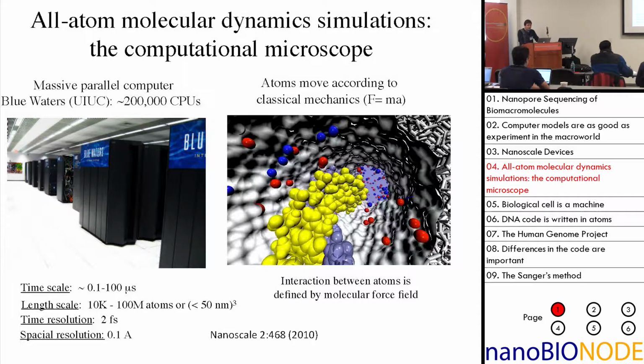What we do is build atom-by-atom microscopic models of systems of interest, and then we animate them by solving classical equations of motion, F equals ma, many times, and at the end of the day we obtain what is called a trajectory, which describes how atoms' positions change in time. So this is all-atom molecular dynamics, typically involving water, ions, and everything is moving.